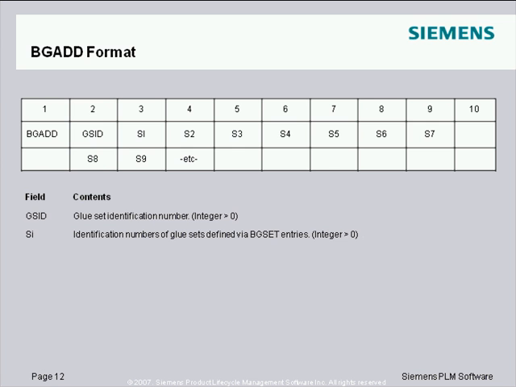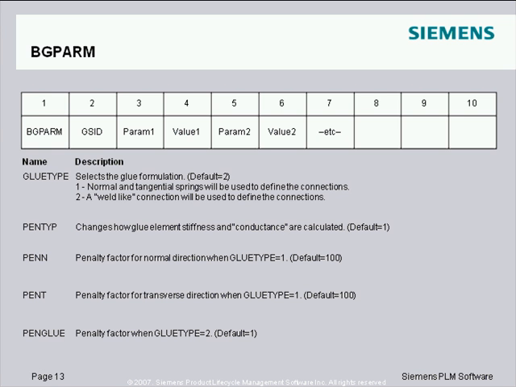So a little bit about the format. As I said, it's a very simple format. BG add, give it a glue set ID, and then simply the identification numbers of the BG sets you want to put together. The BG Parm card, here's the format for those of you unfamiliar with it. And these are the parameters that you can specifically vary in local sets.